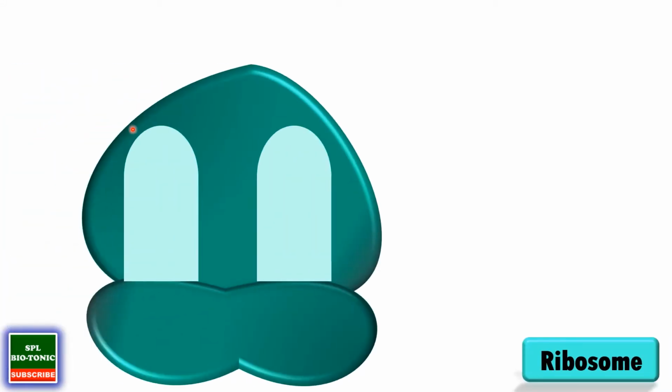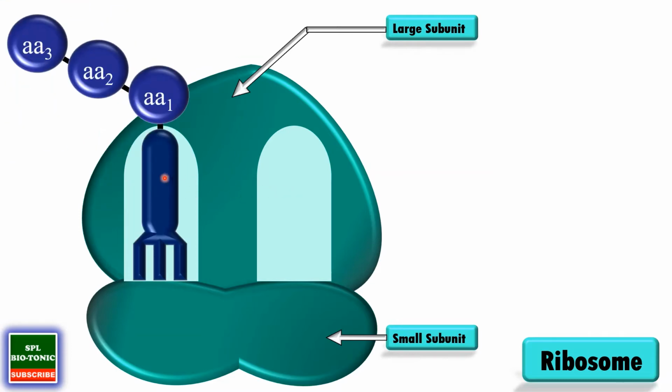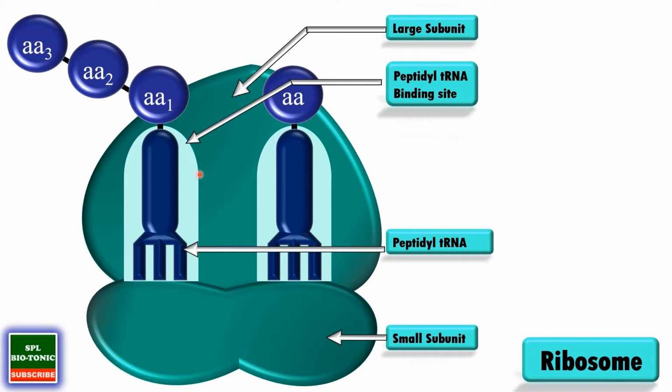Now with this information, let us understand the structure of ribosome again. So ribosome consists of two units. The upper part is called the large unit, whereas the lower part is called the small unit. The ribosome has these two sites. Now to this site, peptidyl tRNA is attached. Therefore this site is termed as peptidyl tRNA binding site.